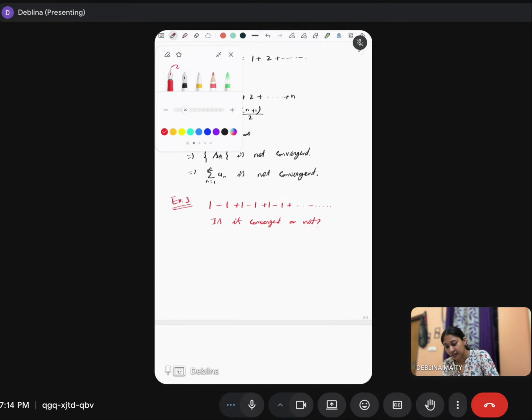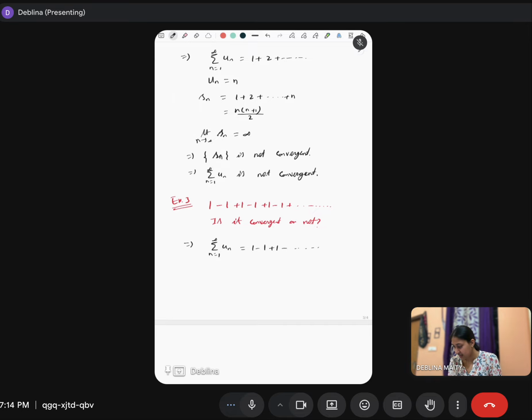Right? So first we will write it as the sum of un, n equals 1 to infinity, right? So here the nth term will be either plus 1 or minus 1, right?